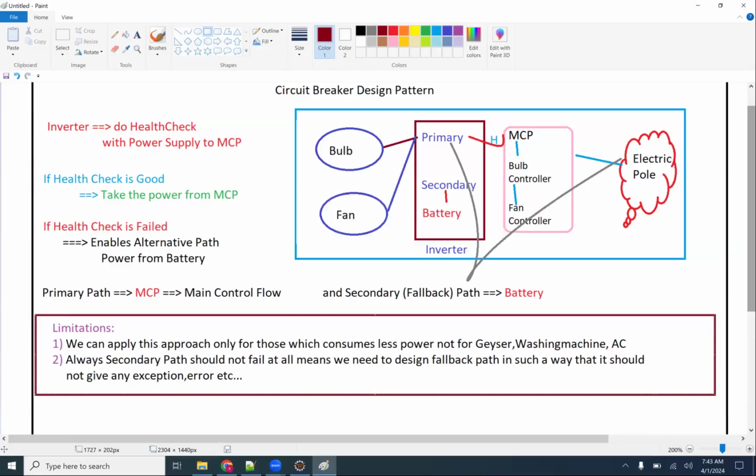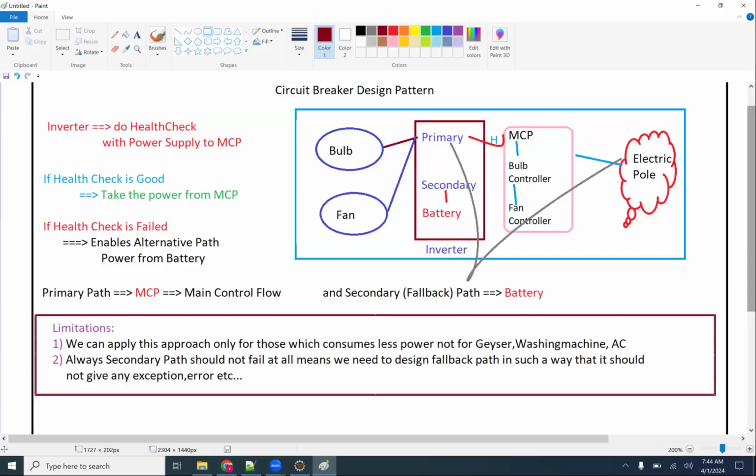For example, madam, assuming that for 1 minute power is not there. As long as power is gone, automatically it will connect to the battery. In that 1 minute also, it will do a health checkup.